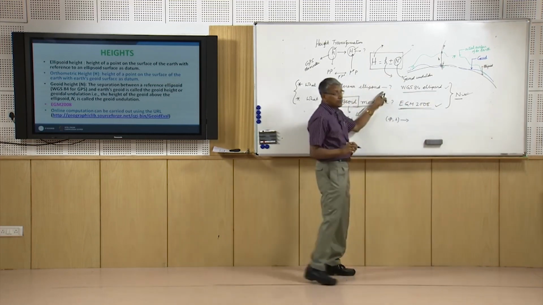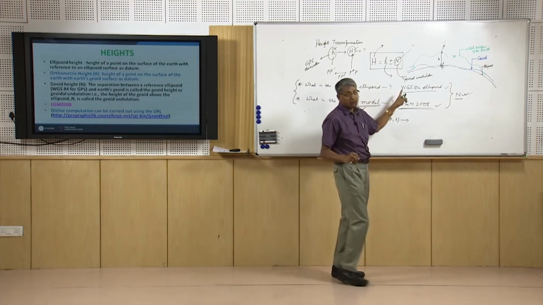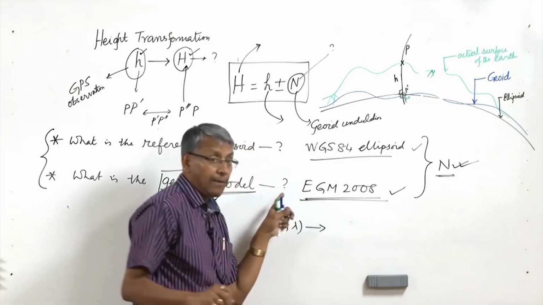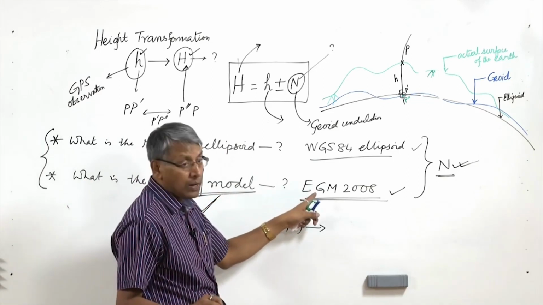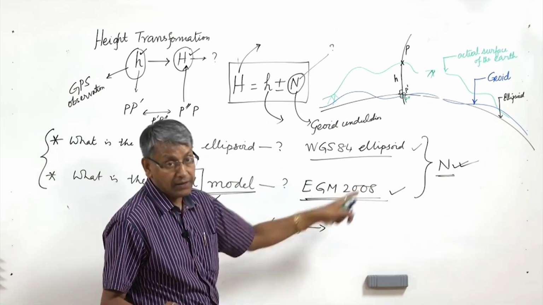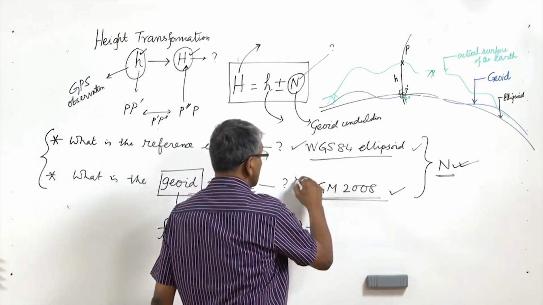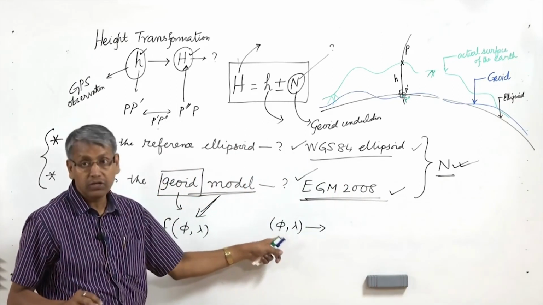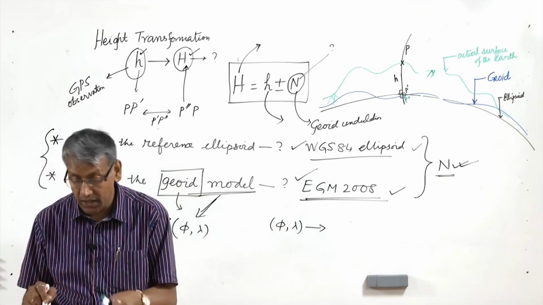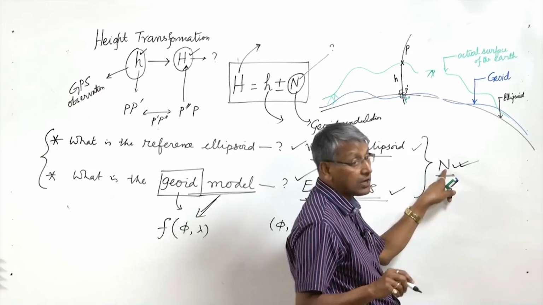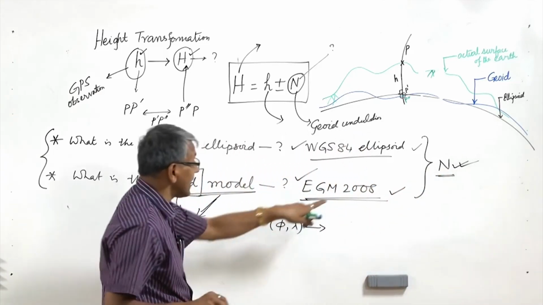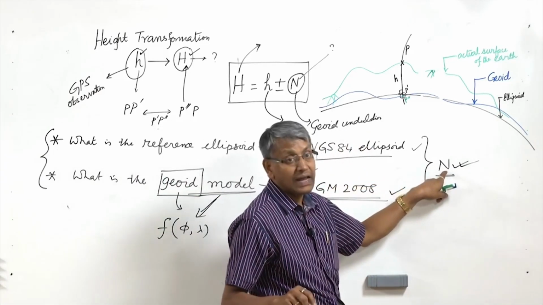In case of GPS observation, it is the WGS 84 ellipsoid, and you have to select the geoid model, generally EGM 2008. These two you select, and you only need to know the position, then you will get the geoid undulation directly from the online software.